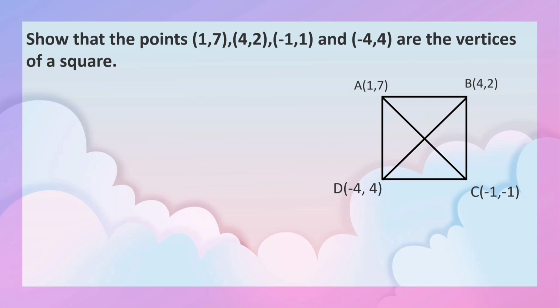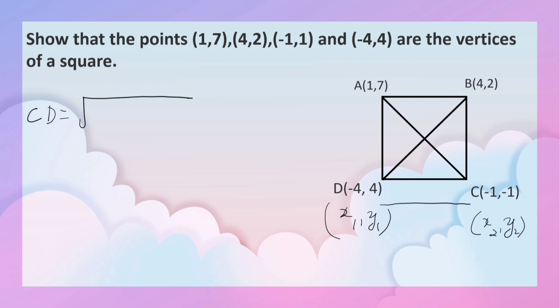Now let us find the length of DC or CD, both are same. Let this point be (x1, y1) and this be (x2, y2). So CD is equal to square root of (x1 is -4 minus -1) the whole square, y2 is -1, y1 is 4.